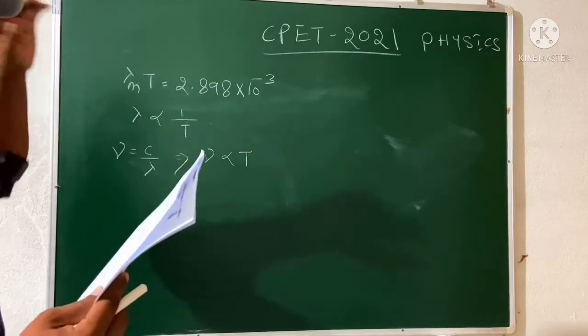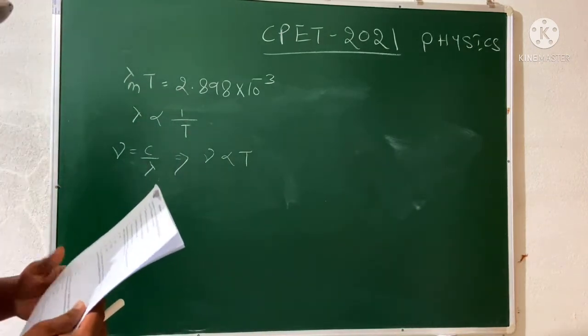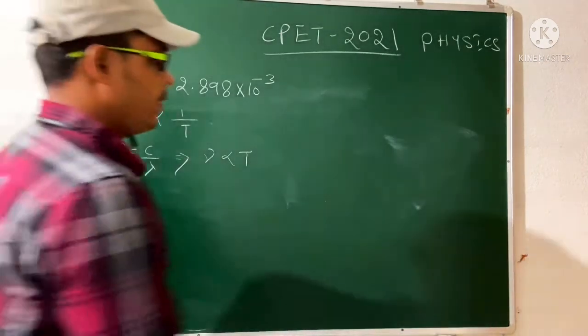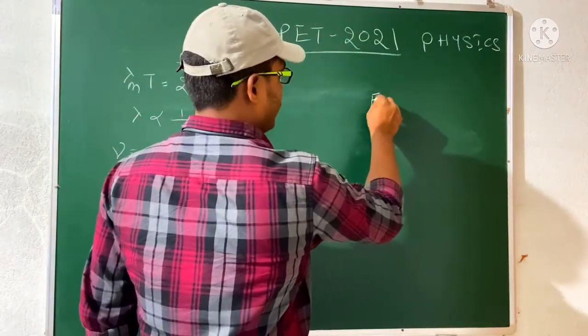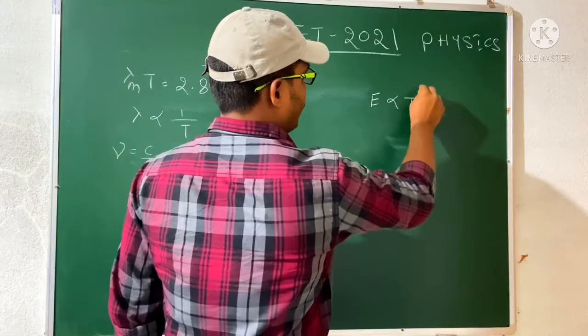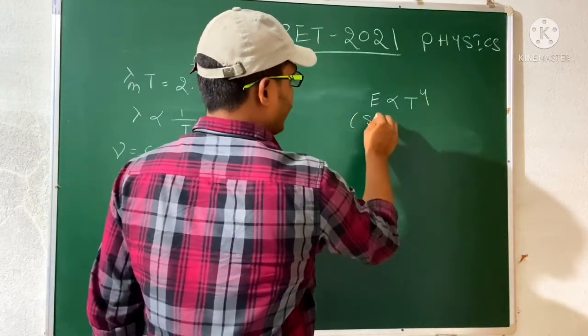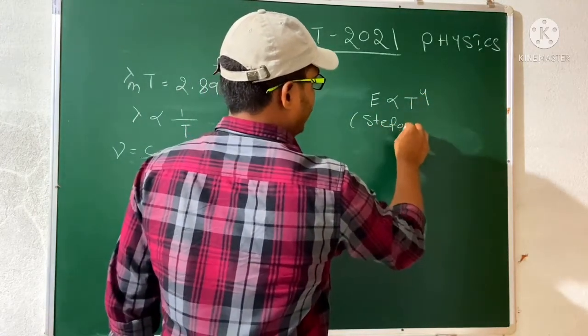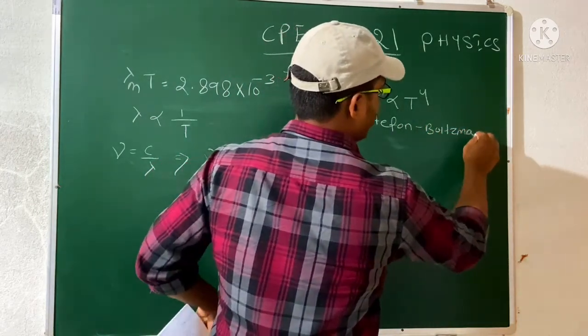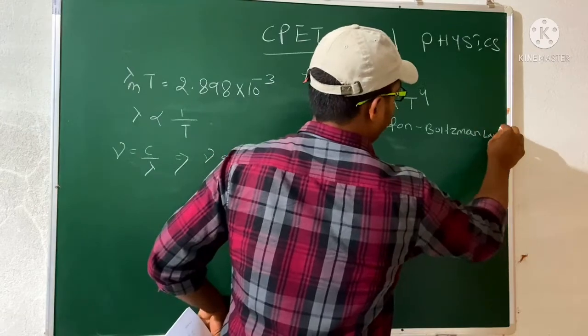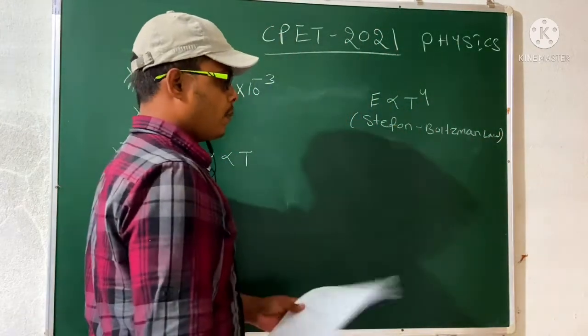Again, the total energy case is given. So what is the energy? We know that energy is directly proportional to T to the power 4. This is nothing but your Stefan-Boltzmann law. So your energy is directly proportional to T to the power 4.